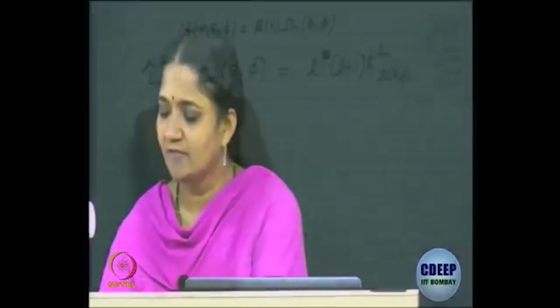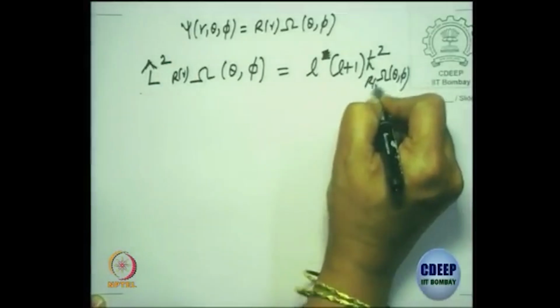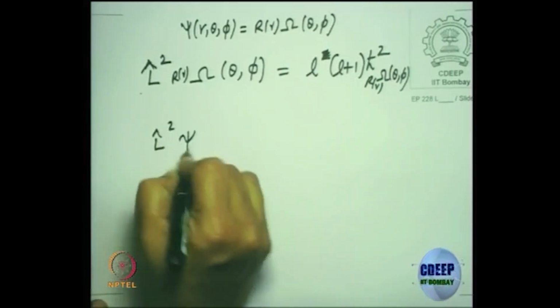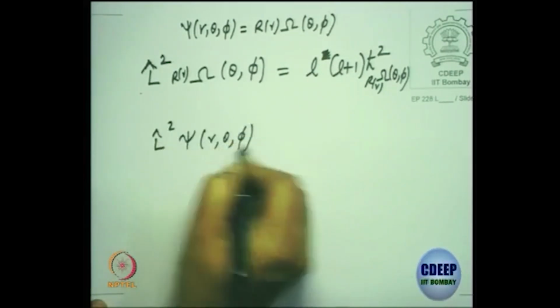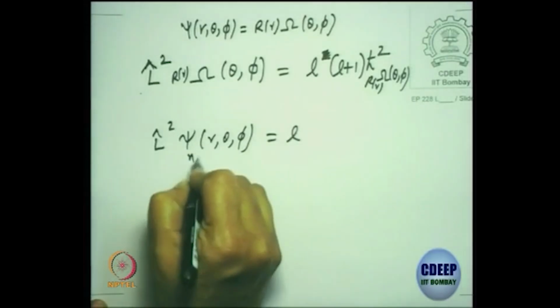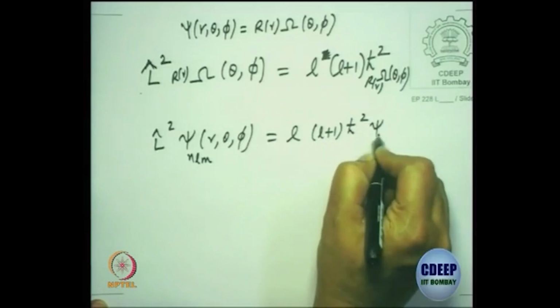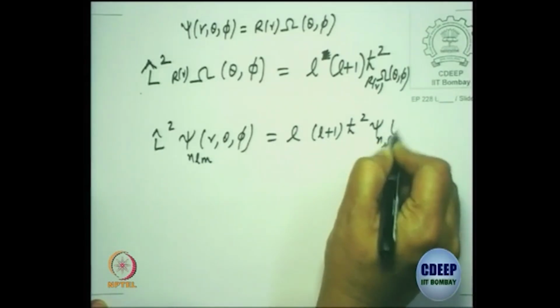Putting in an R of r does not matter. Does it matter? So L squared on psi NLM of r, theta, phi is L into L plus 1 h cross squared times psi NLM of r, theta, phi.